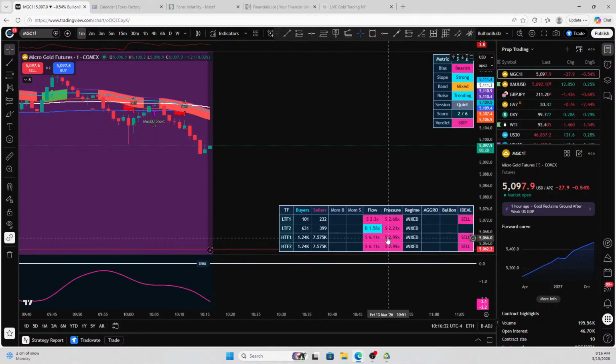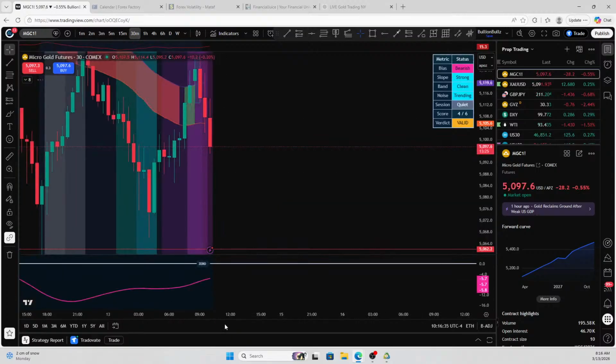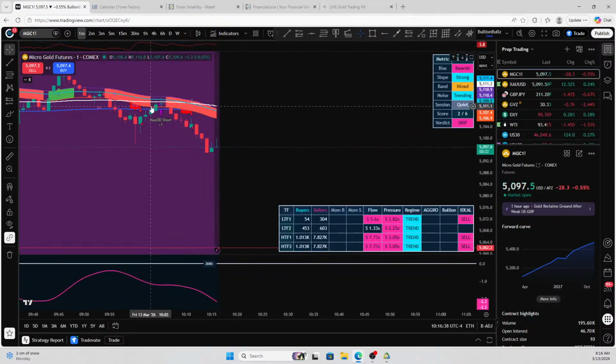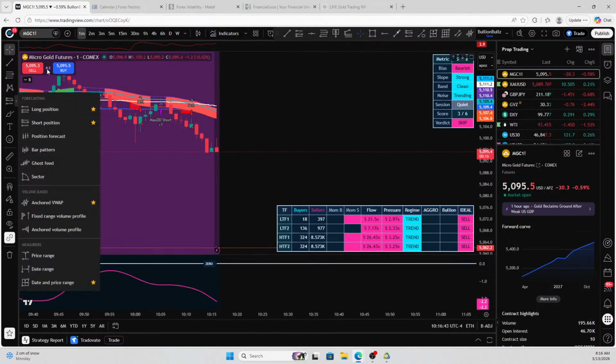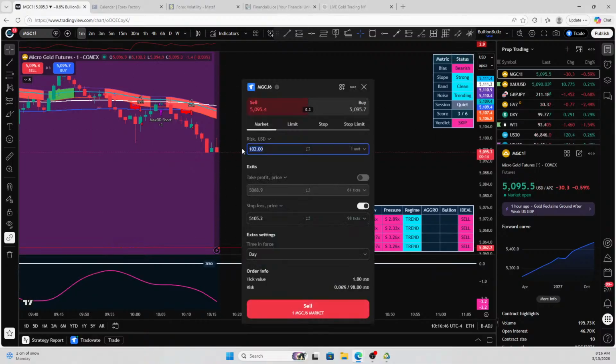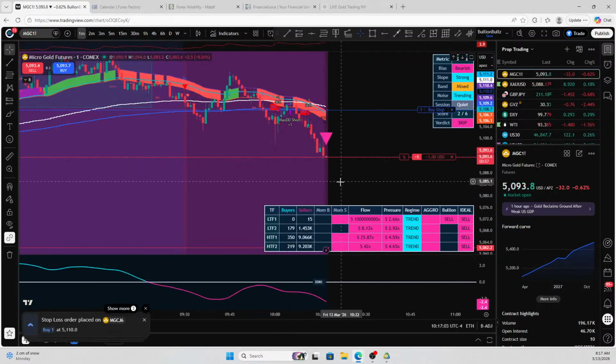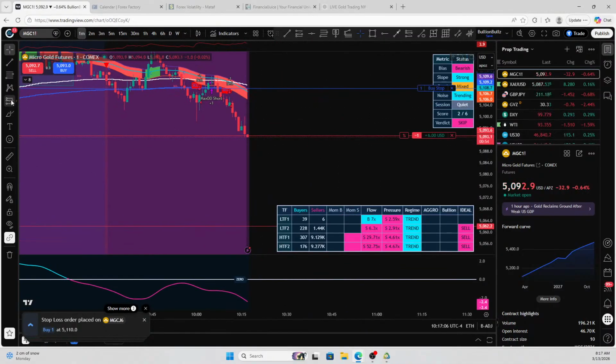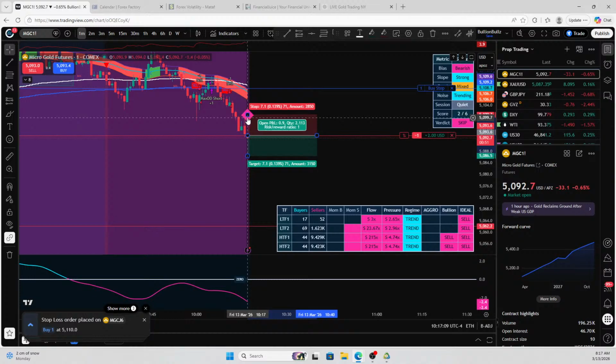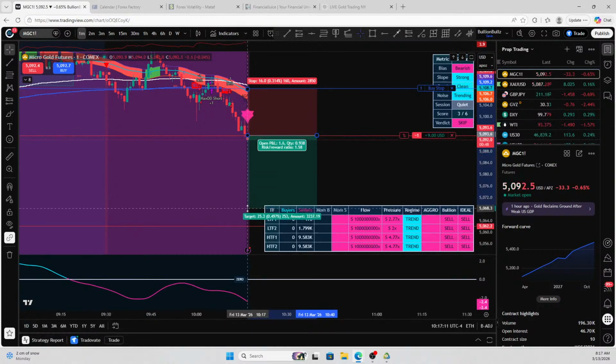Sellers are clearly dominating right now, which is consistent with the higher time frame bias as well. We're risking and targeting pretty much 1 is to 1.5 now.